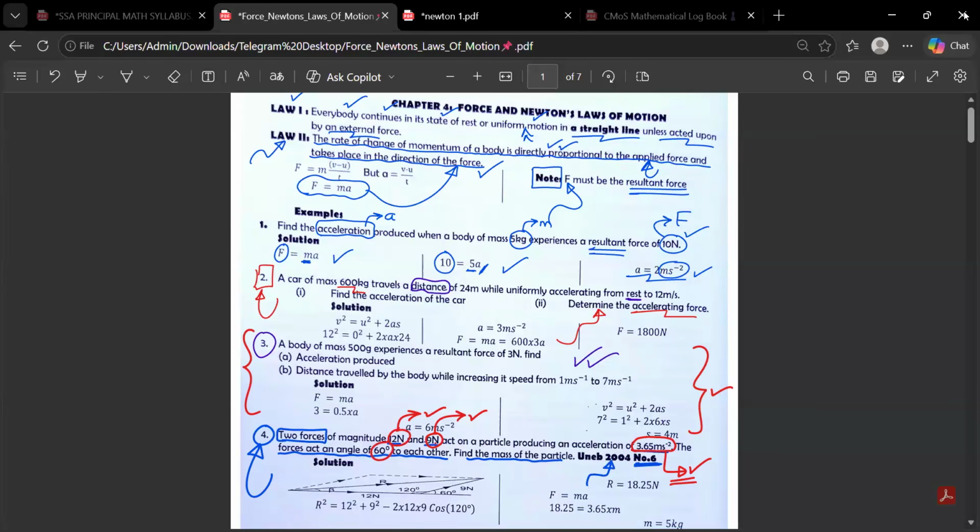So you make research and find out what a ton is. Yeah, you really need to appreciate all that.